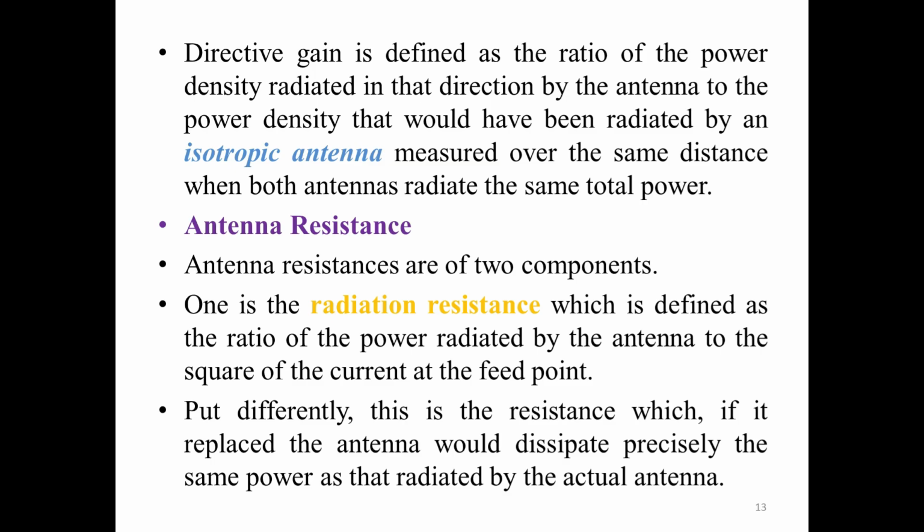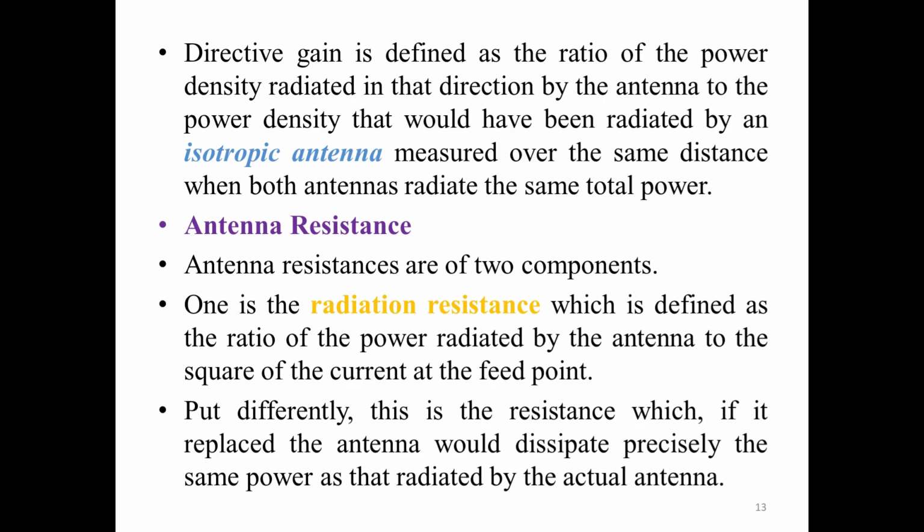Directive gain is defined as the ratio of the power density radiated in that direction by the antenna to the power density that would have been radiated by an isotropic antenna, measured over the same distance when both antennas radiate the same total power. It is important to note here that by isotropic antenna, we mean an antenna that radiates equally in all directions.